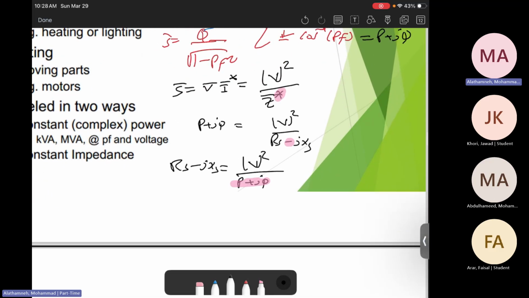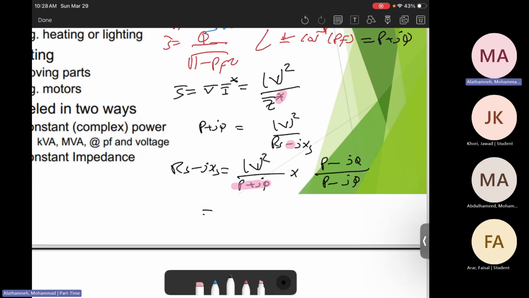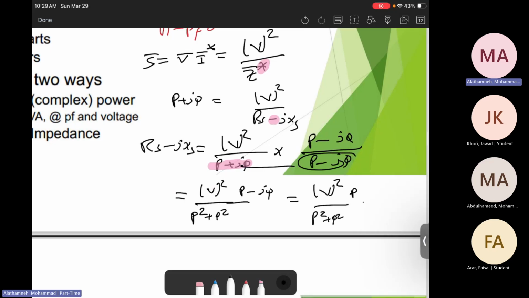When we multiply by the conjugate, the denominator becomes P squared plus Q squared, and the numerator becomes V squared times P minus jQ. So overall, it is V squared times P divided by P squared plus Q squared, minus j V squared times Q divided by P squared plus Q squared.